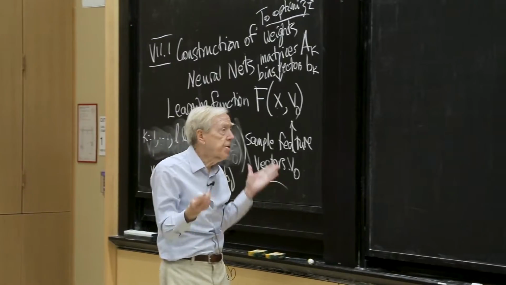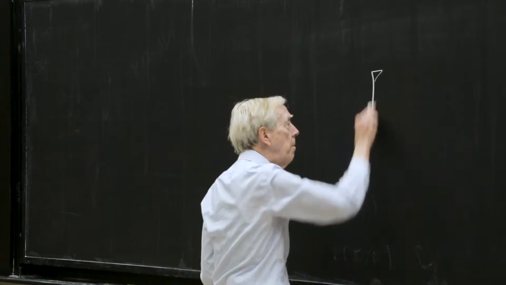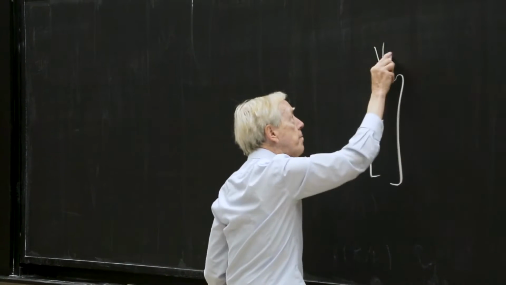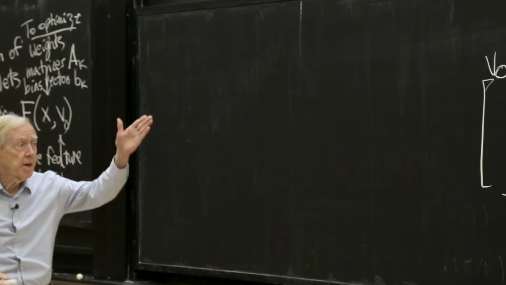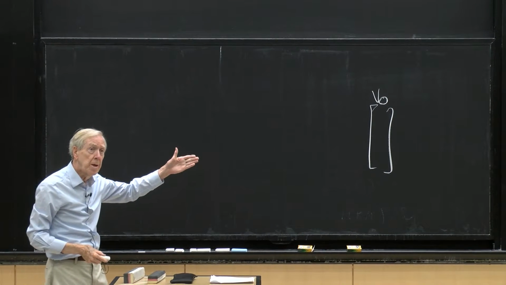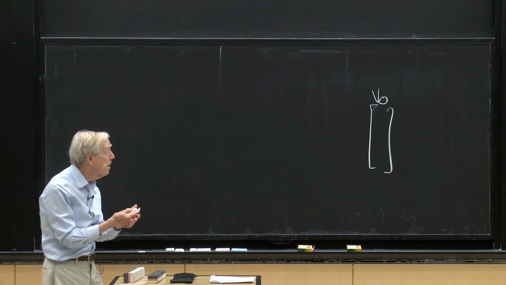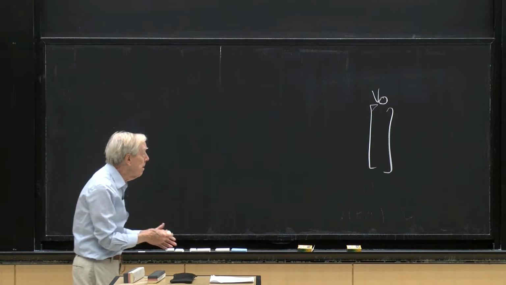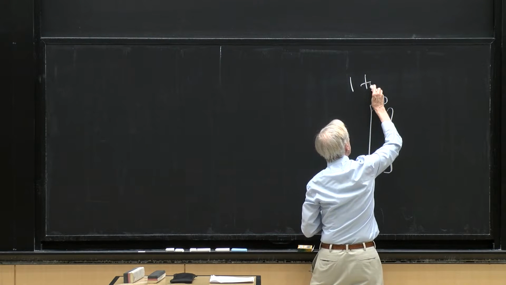So let's just do a picture here. Here's V0, a sample vector, or if we're doing image processing, it's all the pixels in the image, in the data, in the training from one sample. This is one training sample.